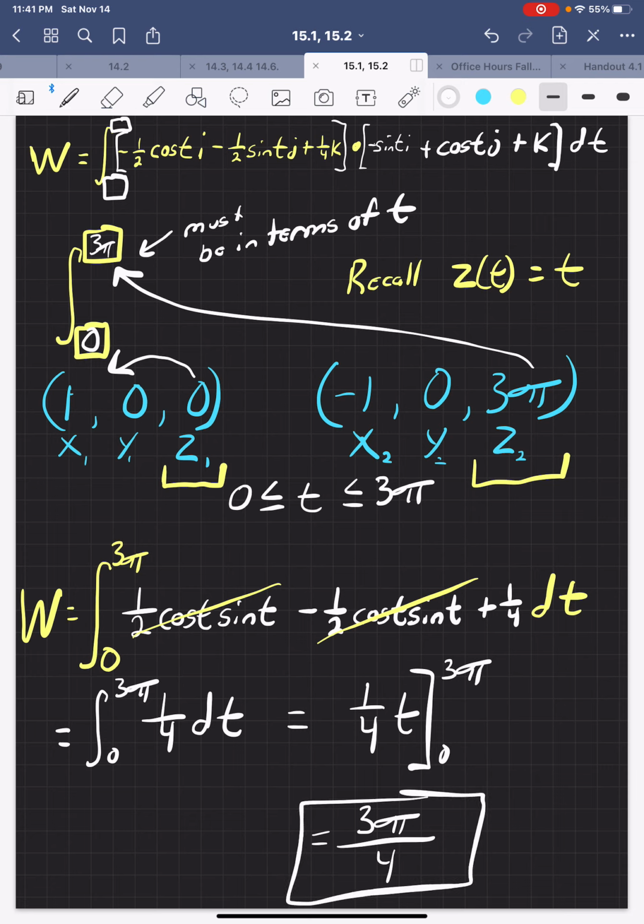So you were asked to find the work done by that force field on a particle as it moved over a path from one point to the next point, and this is the total work done by that force field over that interval. I will see you guys in the next section.